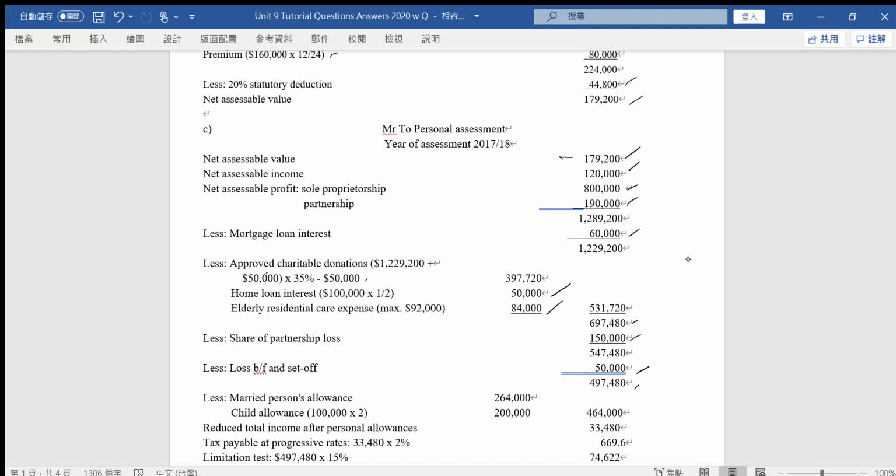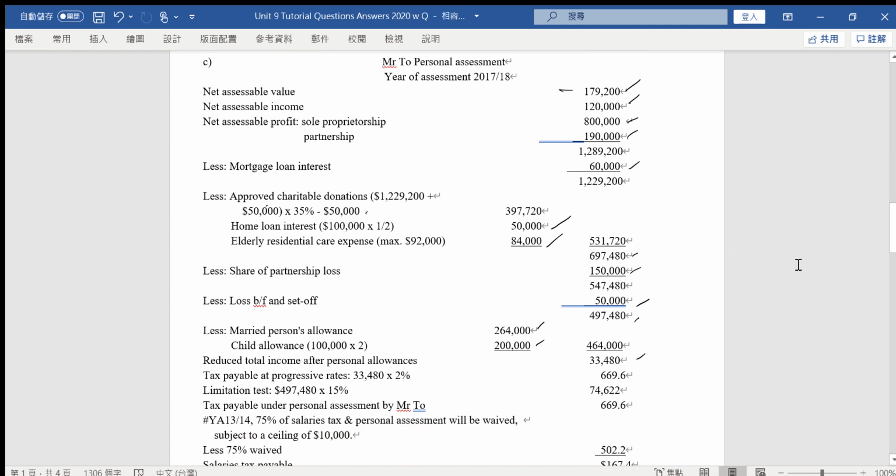Then he is entitled to claim the married person's allowance, because that is under personal assessment, right? Then the child allowance. Then that will be the reducing balance, the final net chargeable income.